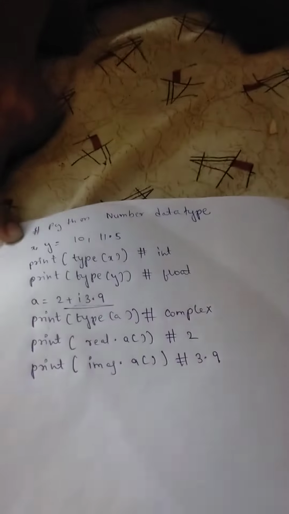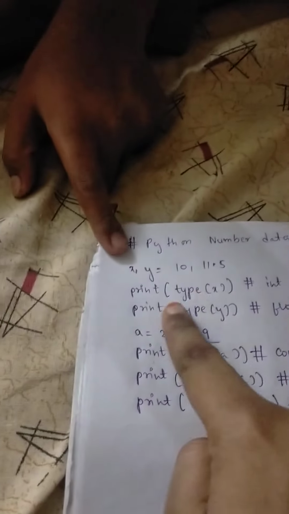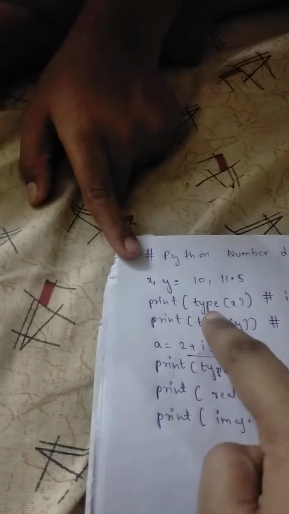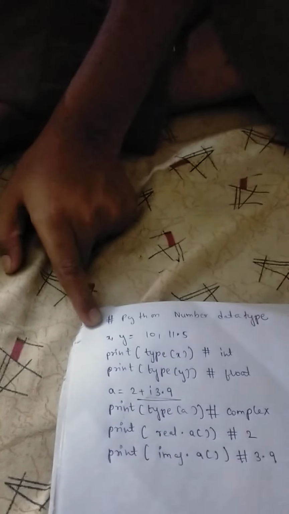The syntax to find the type of a variable is type of variable name. After print type of x is executed, it will return the type of x. The type of x is float. And after print type of y is executed, we get the data type of y, that is float.